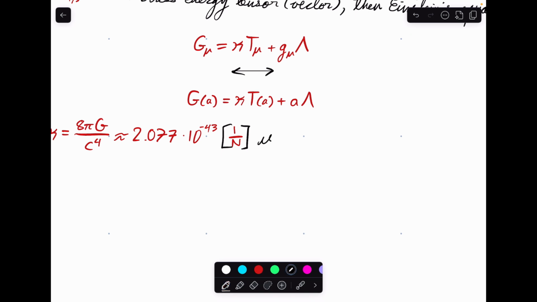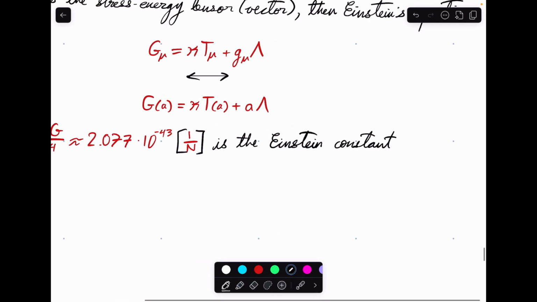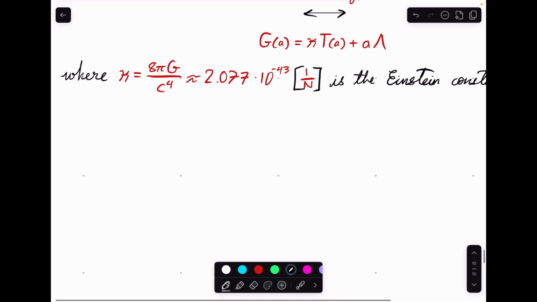And this is the Einstein constant. And lambda here is the cosmological constant.